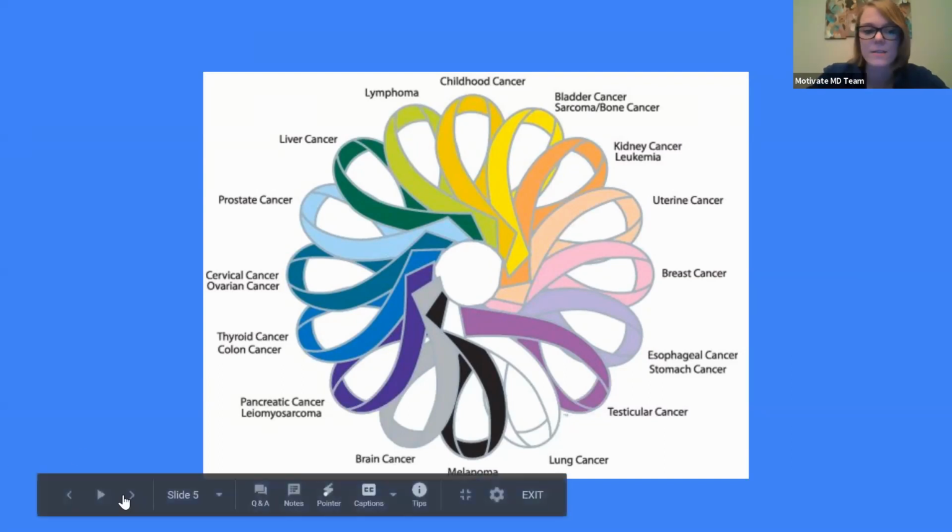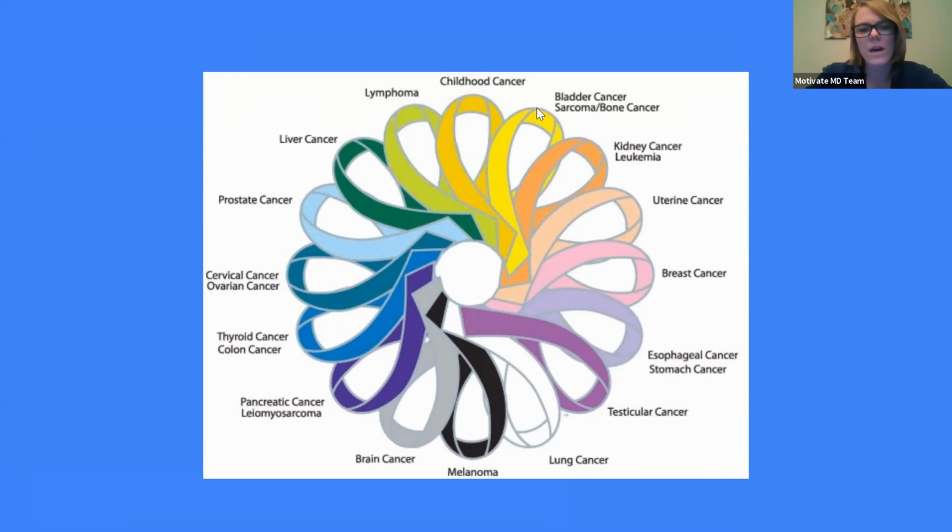He had pancreatic cancer. So along the same lines as last time, if you guys have been impacted by any of these cancers, why don't you mark them next to the cancer? And then we'll get a good idea of our audience today.